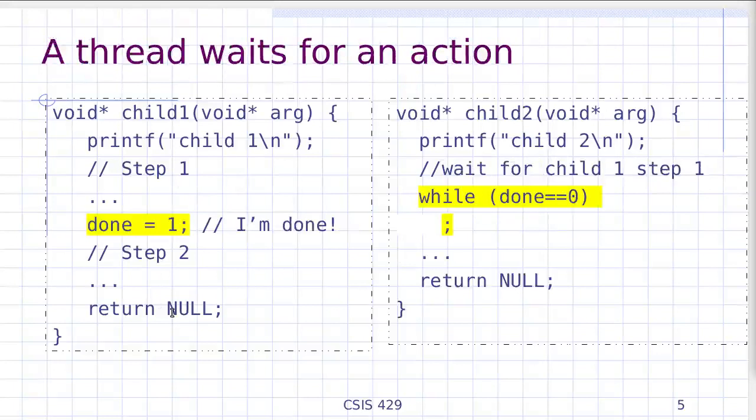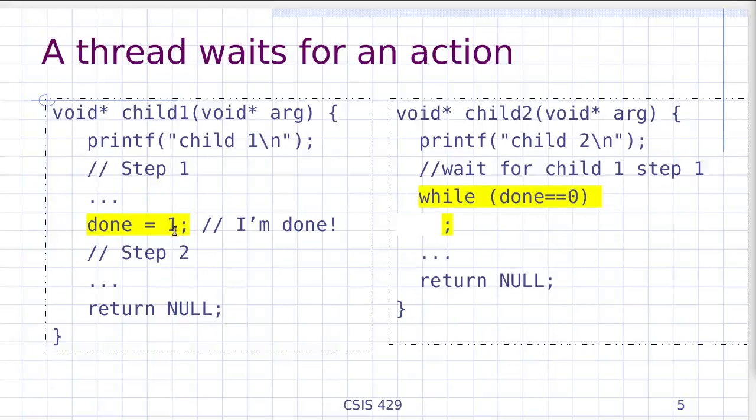Okay. So this is one way to do it, and this will actually work if all you have is one child 1 thread and one child 2 thread. This is probably just about workable. However, programmers make the mistake of doing this even when you have multiple threads executing the child 1 code, multiple threads executing the child 2 code, and you have things like this done condition flipping back and forth between 0 and 1.